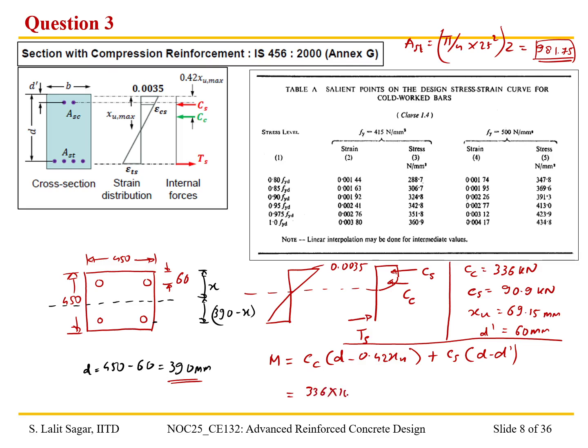336 into 10 to the power 3, converting it into Newton and millimeter, times d, 390 minus 0.42 into 69.15, plus Cs, which is 90.9 into 10 to the power 3, multiplied by 390 minus 60.